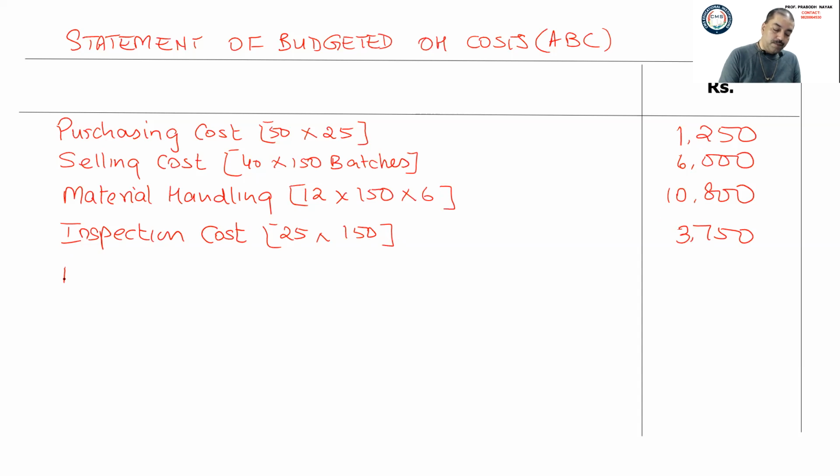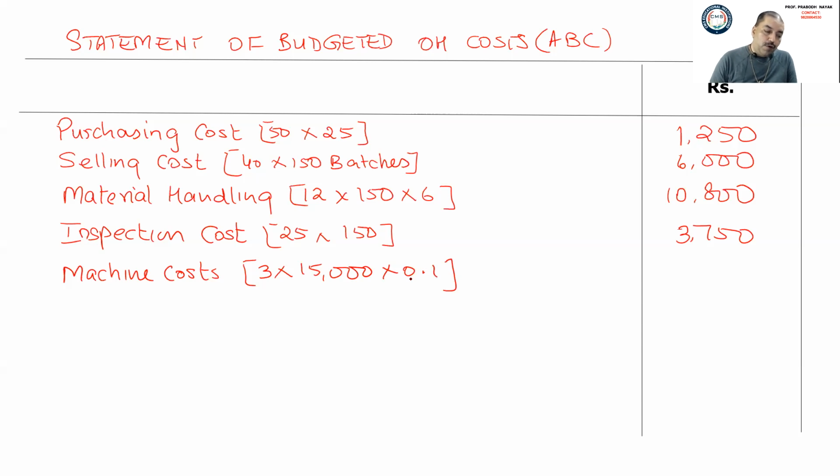Machine cost. Machine cost rate is 3, and 15,000 units are there. Machine hour per unit is 0.1.